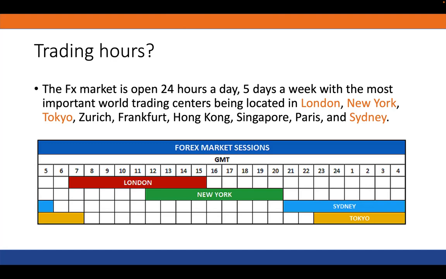But there are four major cities where the trading volume is very large, so during those sessions, especially the London, New York, Tokyo and Sydney sessions, you see a lot of market moves, and those are the areas where traders target to make a lot of profits.